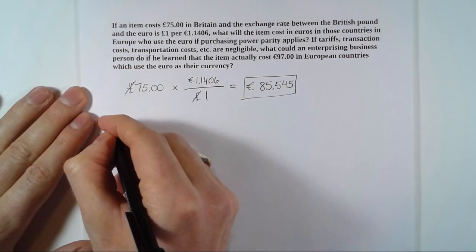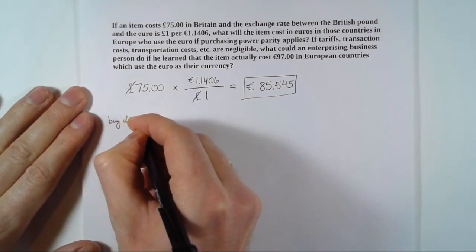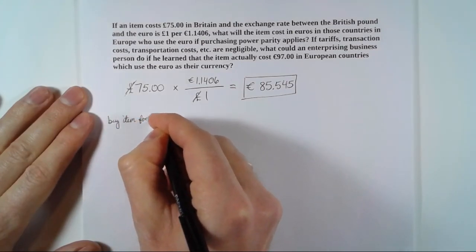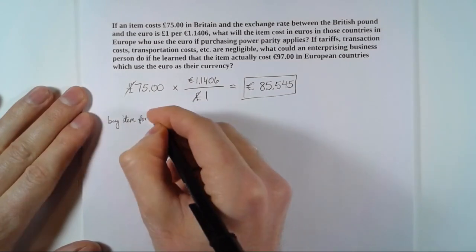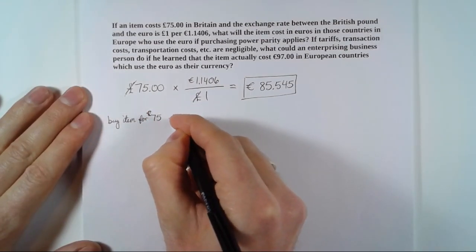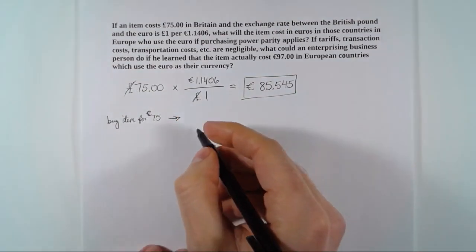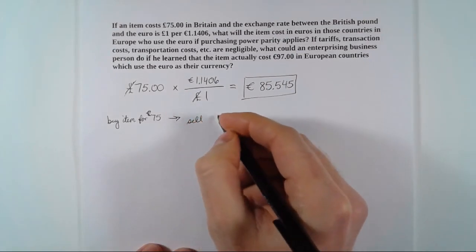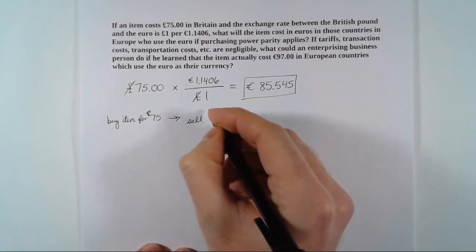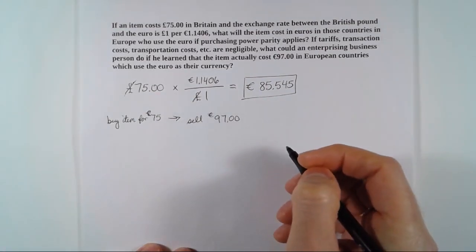You would buy the item for £75, and then ship it over to a country that was using the euro, and we would sell the item for 97 euros.